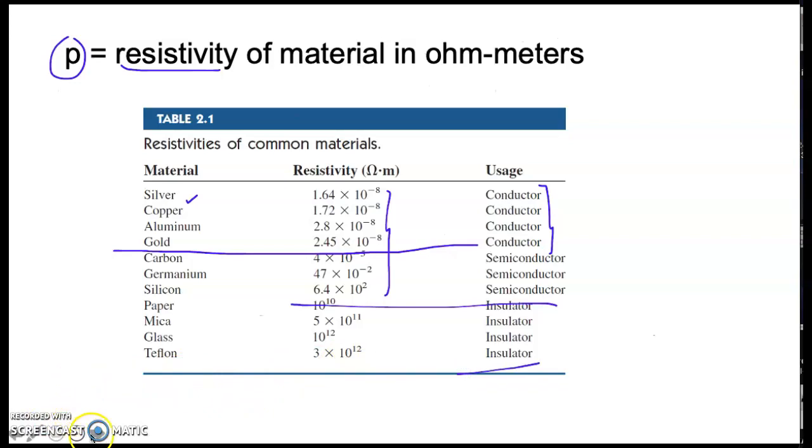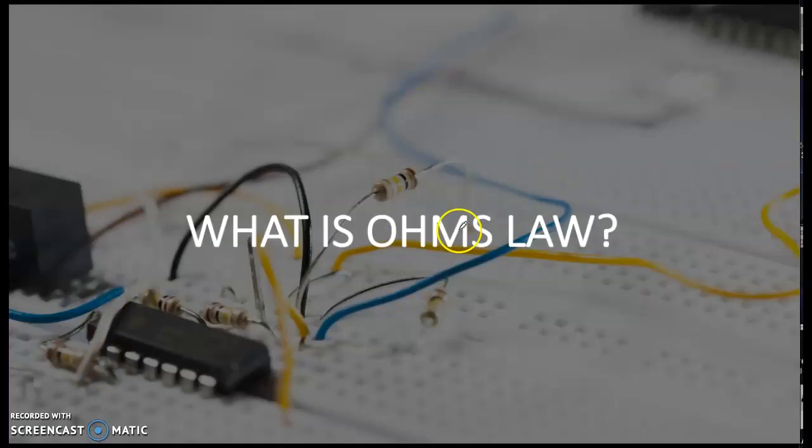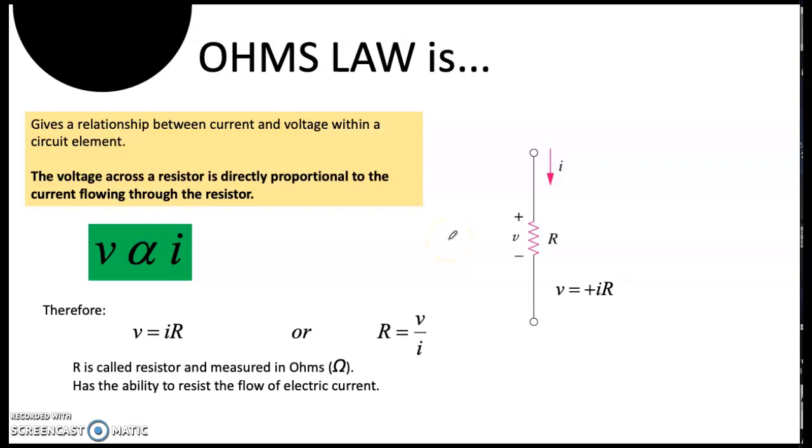Next, what is Ohm's law? Just now you learned about resistance. Now we are going to find the relation between V and I. Ohm's law says that the voltage across a resistor is directly proportional to the current flowing through the resistor.